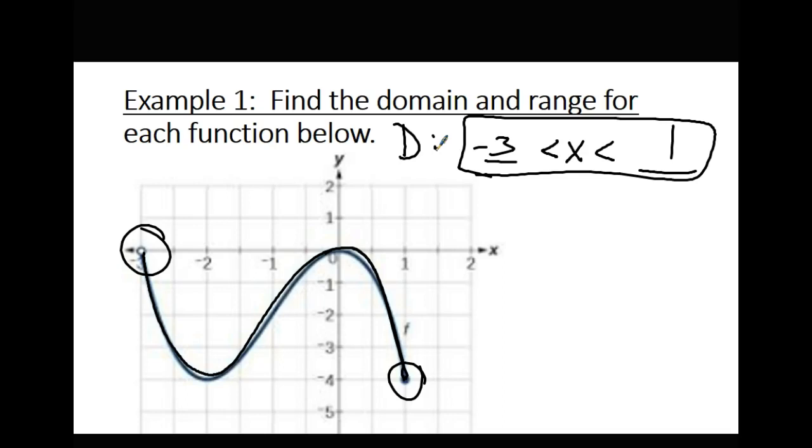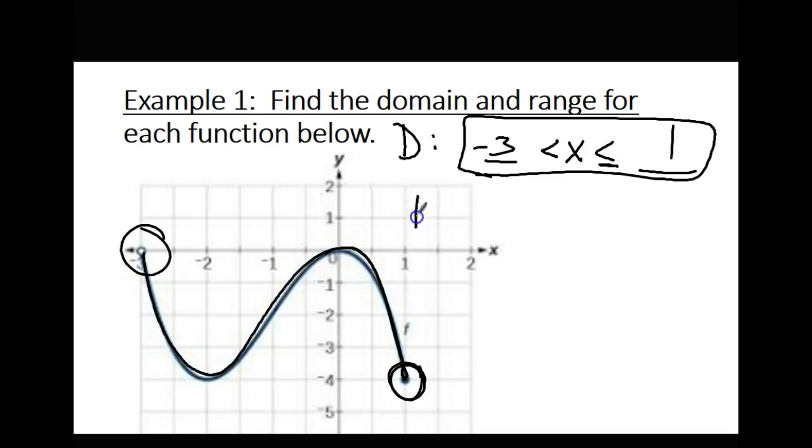There's not a point there. So can x equal -3? No, it can't. But over here we've got a closed dot. Can x equal 1? So guess what we do? You need to put a little line there. So x can be anything from -3, but not including -3, all the way up to 1, including 1. Okay? So those are your possible values of x.